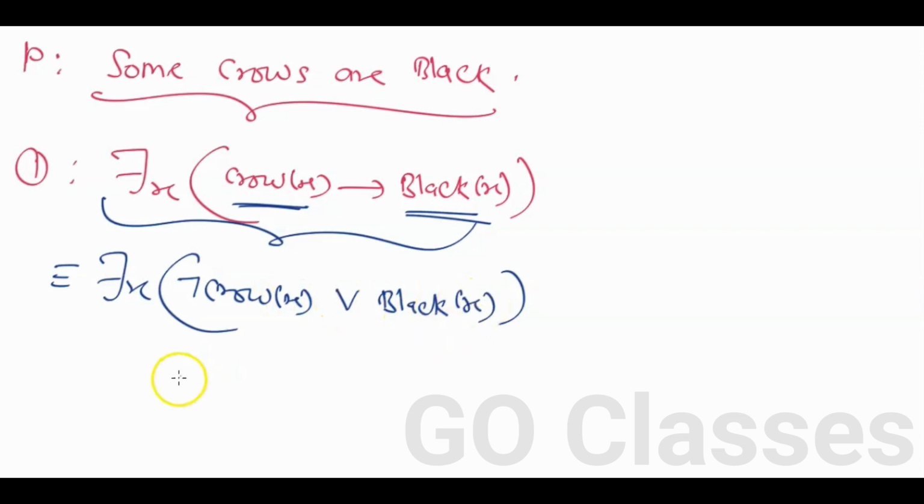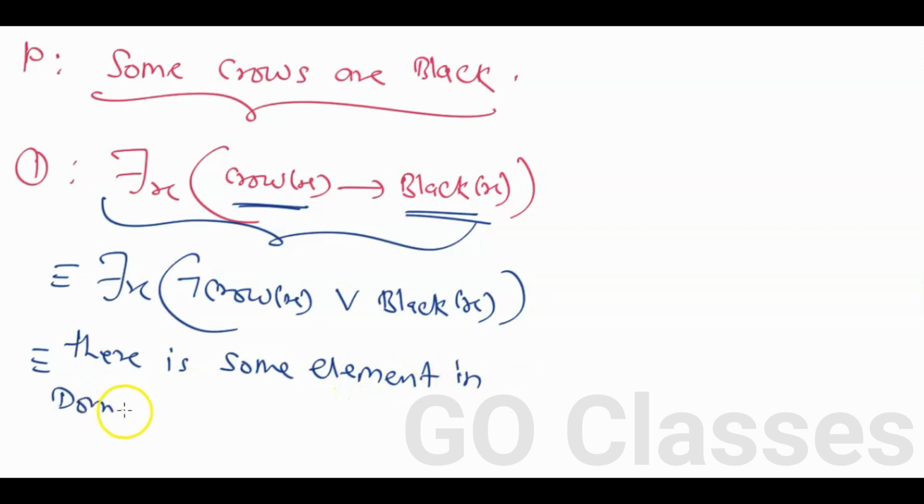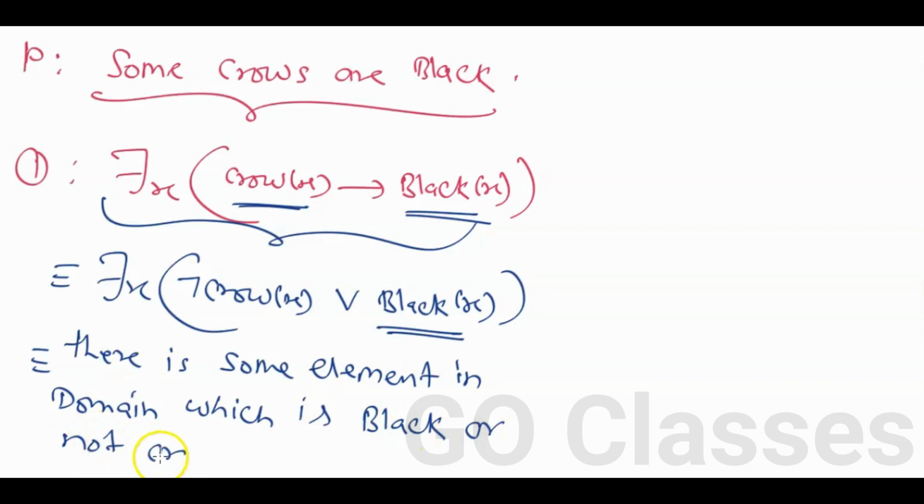So what does it mean? This expression means that there is some element in the domain which is either black or not crow.